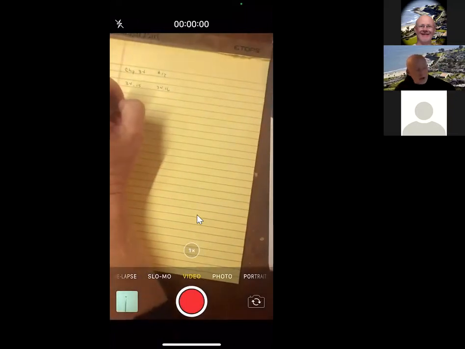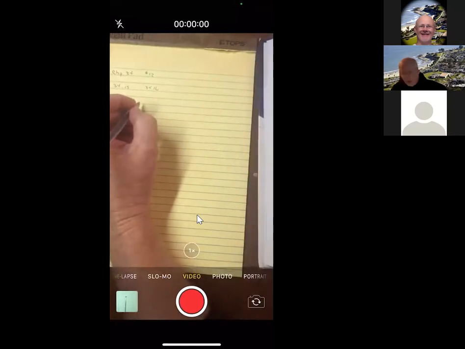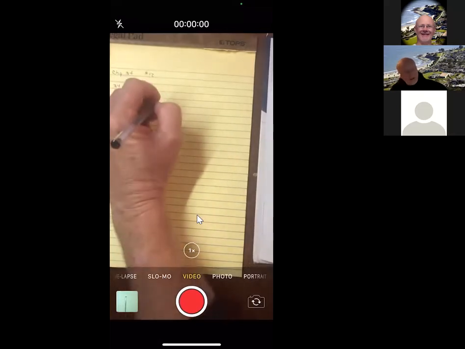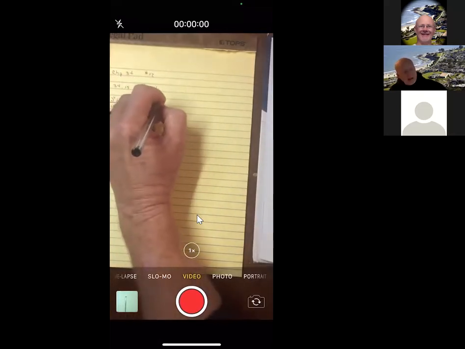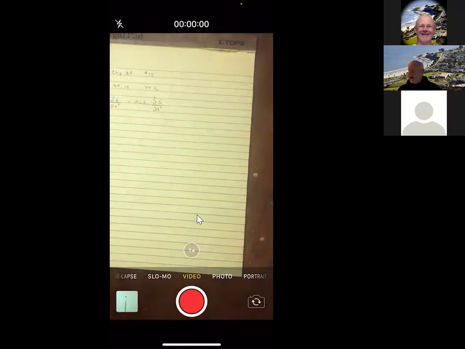34.15, let's see, equation 34.15. So let's start here with this one, 34.15. And it says, if you take the partial derivative of the electric field with respect to the x-axis twice, you will get mu naught epsilon naught multiplied together, and then the second derivative of the electric field with respect to time.